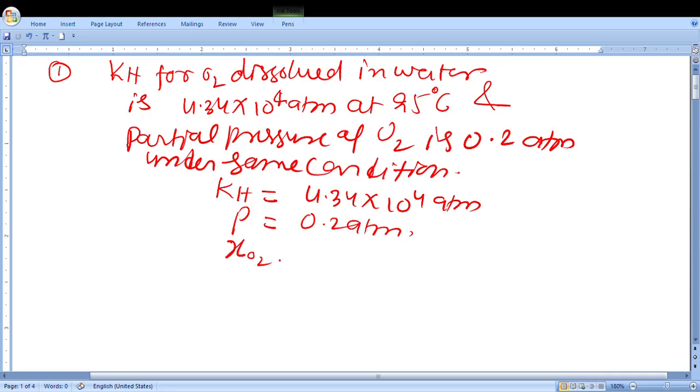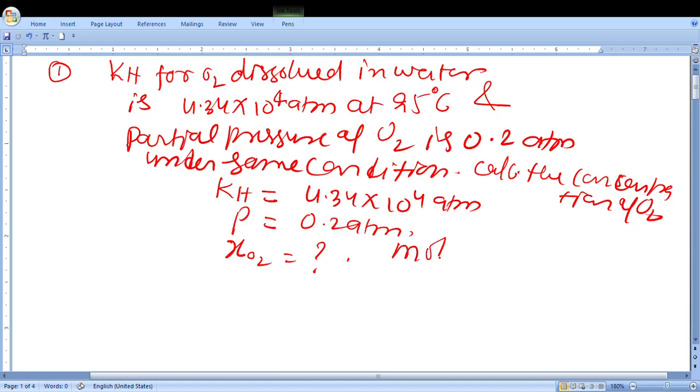mole fraction of oxygen first, and the question is asking calculate the concentration of oxygen. That means you need to calculate molality of oxygen.